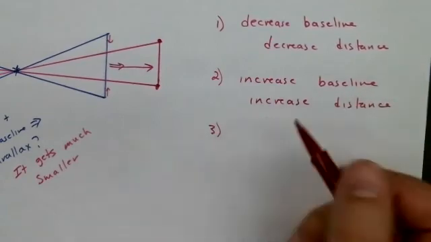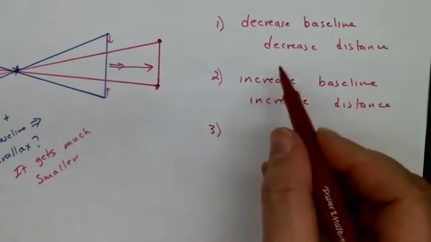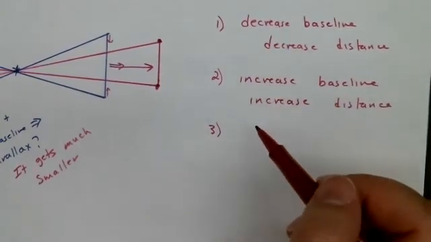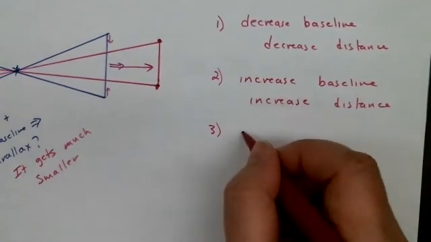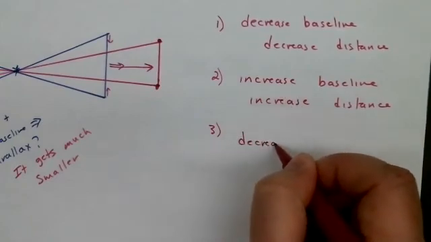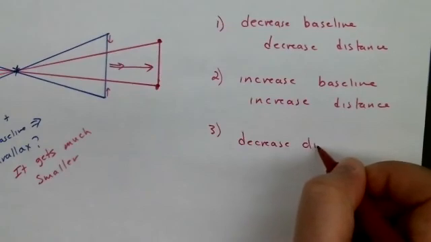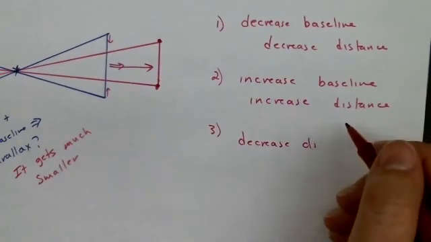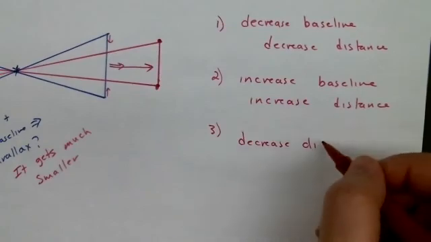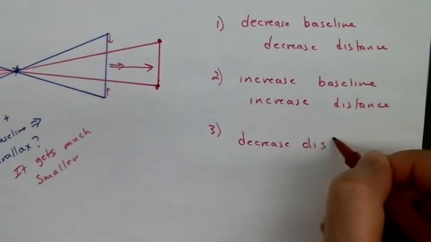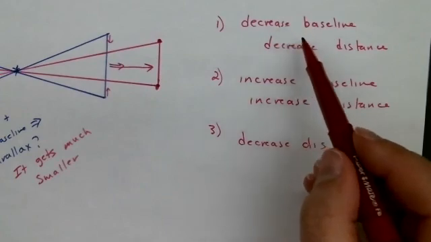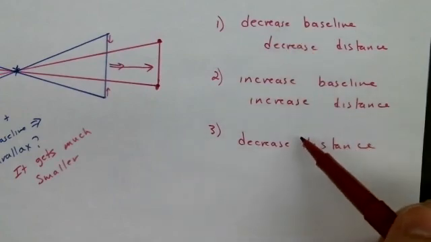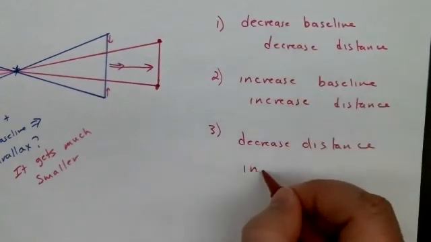And then what other category do we have here? Decrease distance and increase baseline.